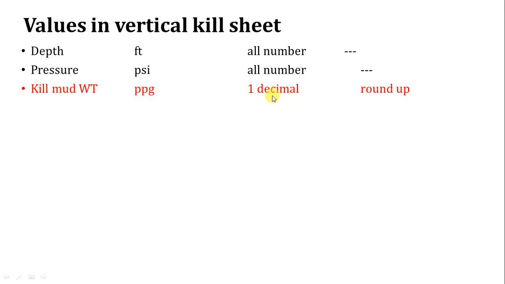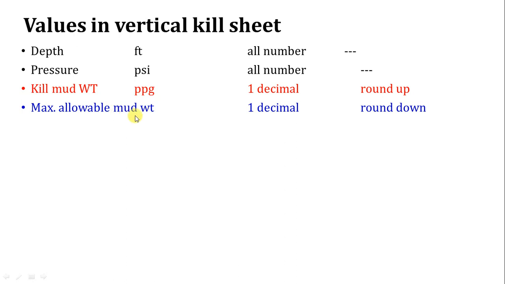If you rounded it down, it will be 13.8, so the well will continue to flow. So it has to be rounded up. The best answer is 13.9. So 13.9 is the best answer here, and the kill mud weight has to be rounded up.